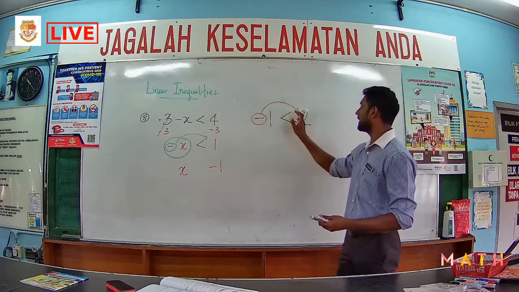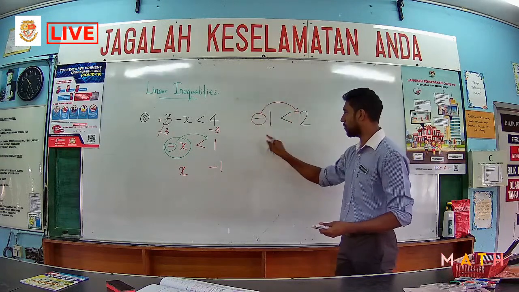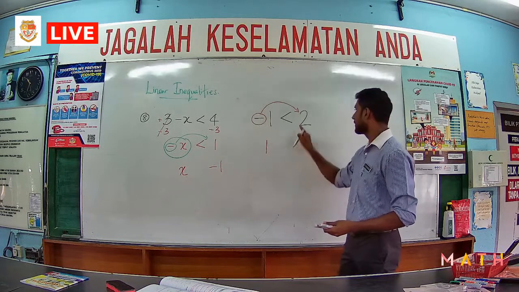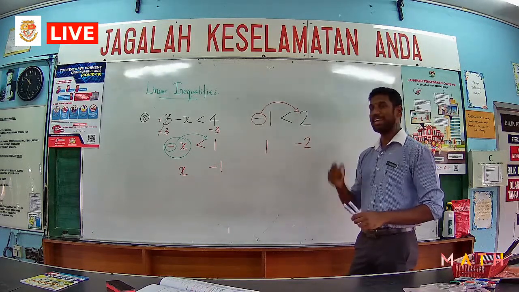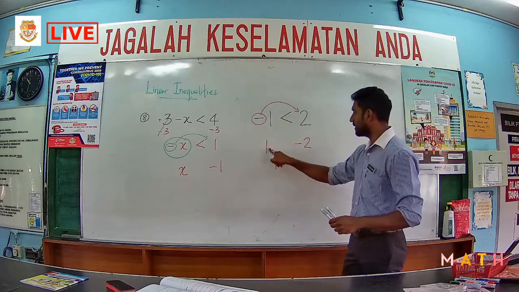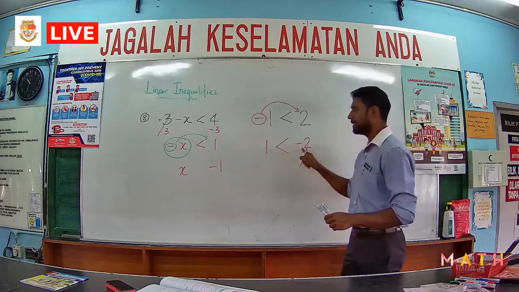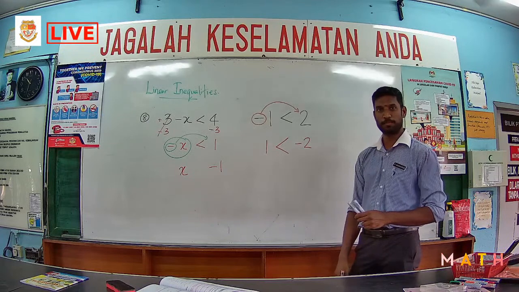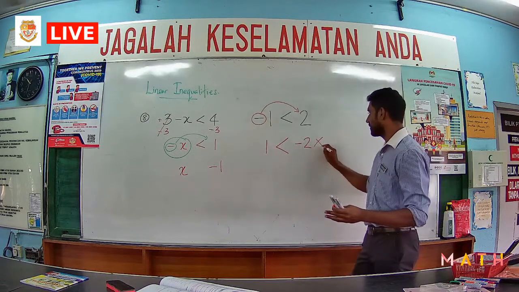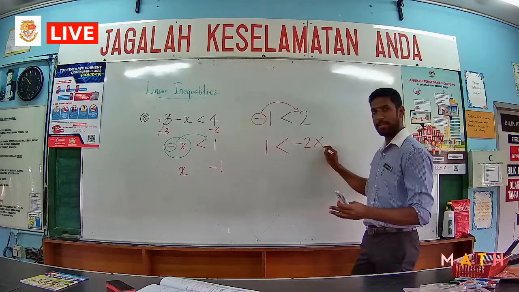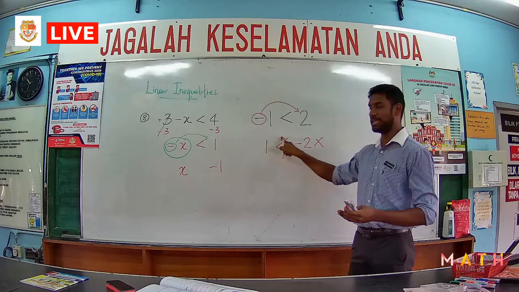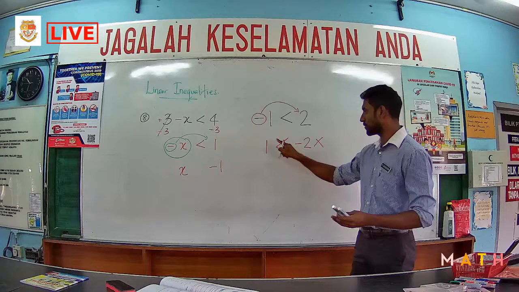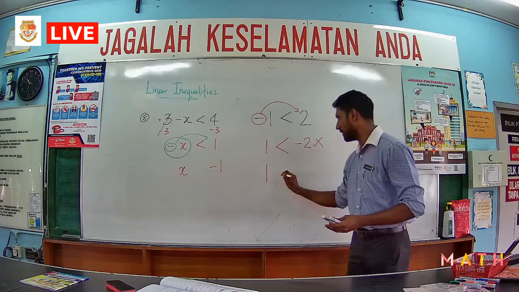So the number now will become 1, and here becomes negative 2. Now, can I say this number is still less than negative 2? Wrong, right? Remember, 1 is positive. So a positive number surely will be higher than a negative number. So the right answer will be 1 more than negative 2.